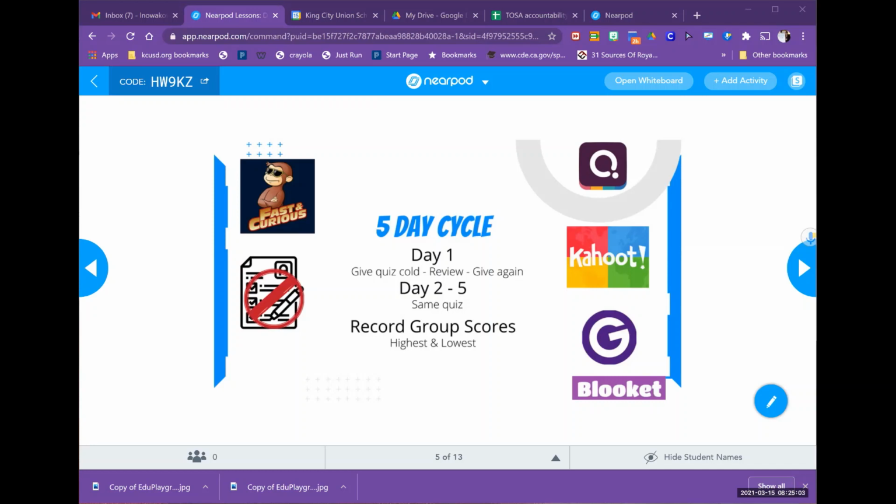And what I did last year is on the board, I just kept track of the high score as a group. Never do the individual, always as a group. Like this was the high score that we got this week. This is the lowest score that we got this week. So you can show them their growth. Days 2 through 5, you just give them the quiz once. And trust me, they will be begging to do it more than once.